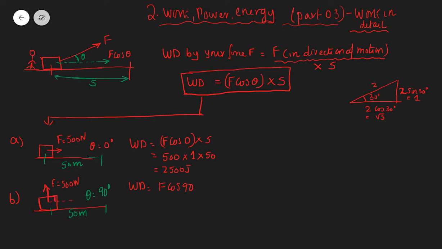This is the direction of displacement, and with respect to here it is 90 degrees, and in this previous case that is 0. So your work done is F cos 90 into S. That's 500 into 0 into 50. That's equal to 0.